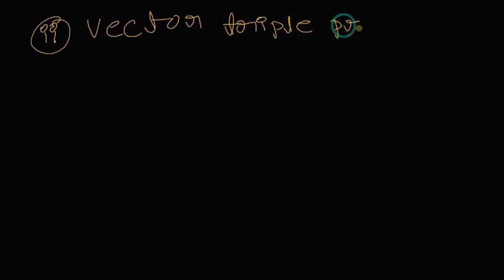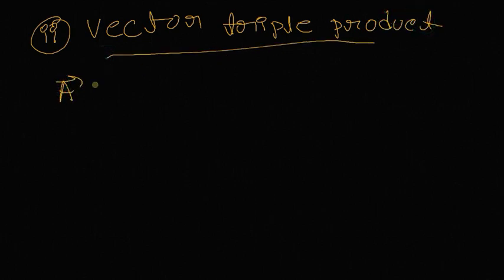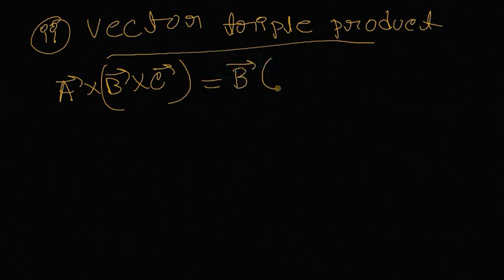Next topic is vector triple product. Vector triple product is written by the formula A cross B cross C equal to, let's first take the second vector out and give a bracket, then take the third vector out and give a bracket, and then write the dot product of the rest of the vectors.